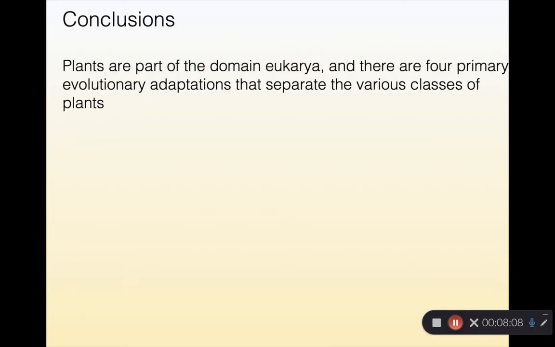So in conclusion, plants are a part of the domain Eukarya. We've talked about prokaryotes, now we're in Eukarya. And there are four primary evolutionary adaptations that separate the various classes of plants.